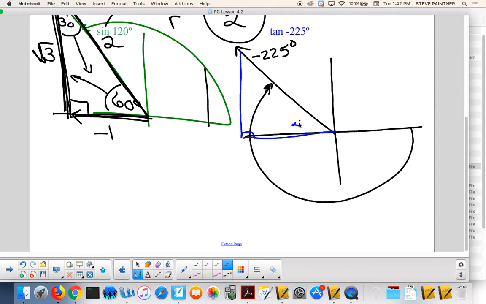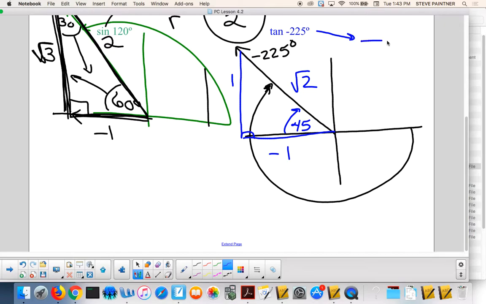Yeah, you went 45 past 180, guys. So your reference is 45 degrees, which means your legs are what? 1, 1, square root of 2. Which leg is negative? Horizontal or vertical? Horizontal is negative. Vertical is positive.